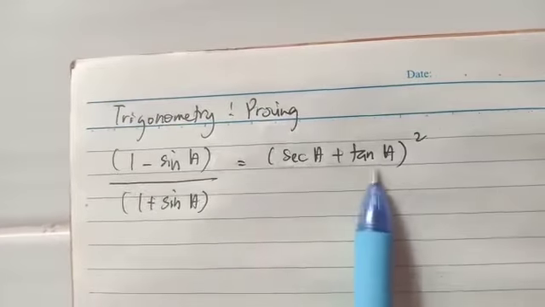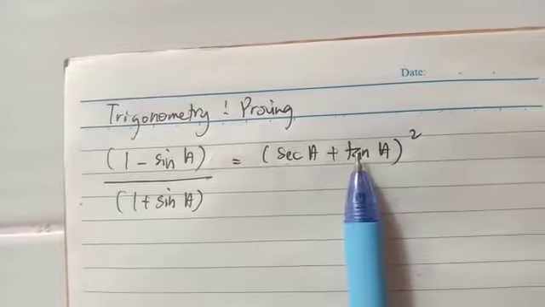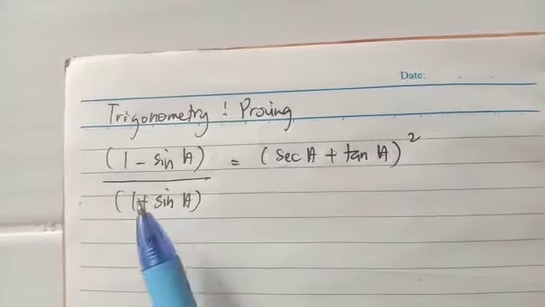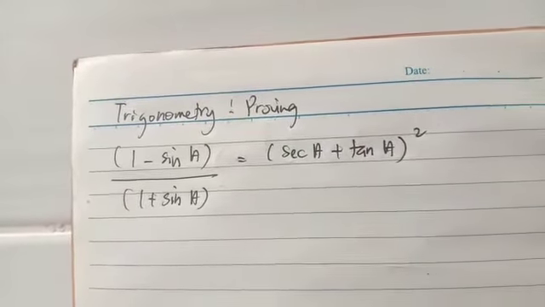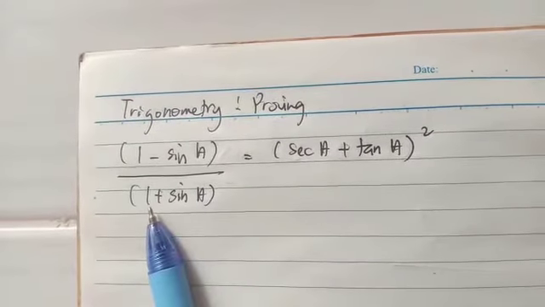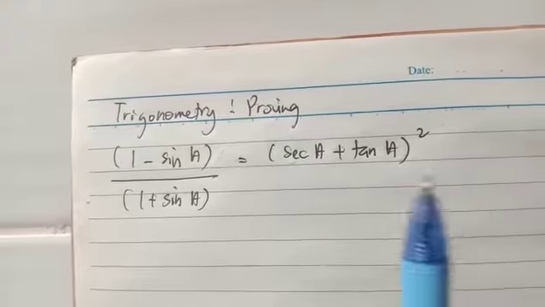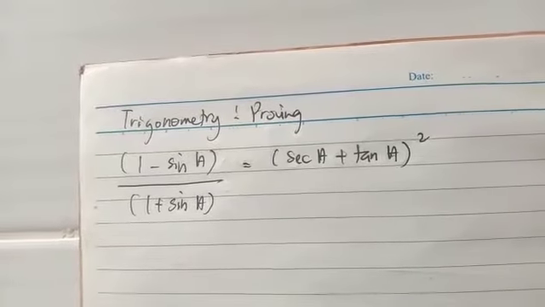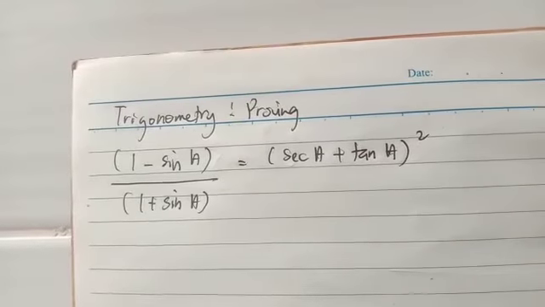When you look at the right hand side or left hand side, you should be able to derive one to be the other. When I see this kind of question, I'm going to change the left hand side to be the right hand side, because changing the right hand side to the left would be tougher.